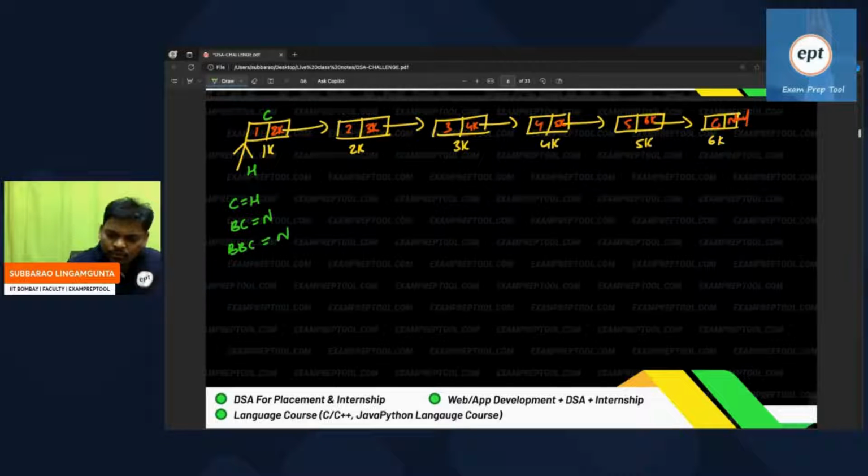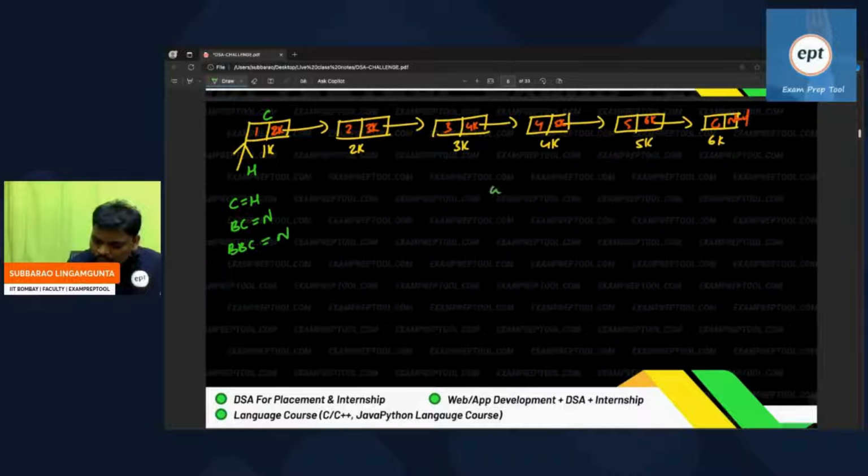This current node. So first let me check. Wherever current node is there, is a node there? Current not equal to null means node is there. Current equal to null means node not there. Let me write the rough code.